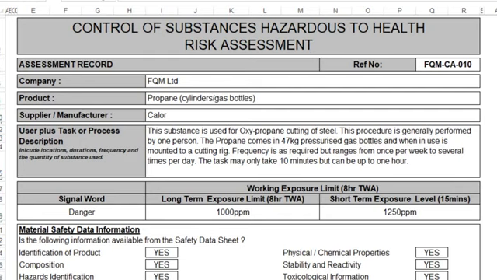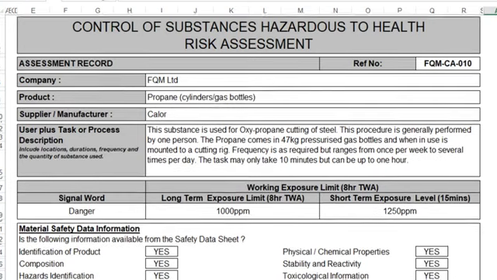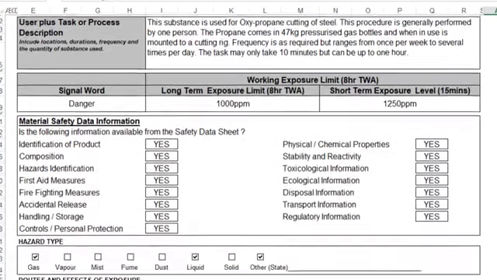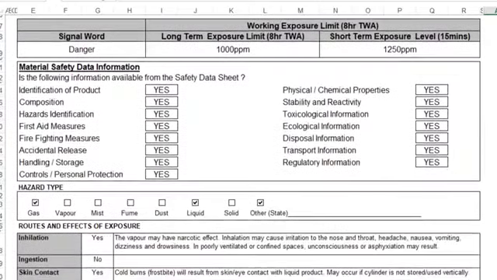We have also identified here some information associated to the signal word that came from the safety data sheet and information associated to the working exposure limits. Likewise, we have also looked at the safety data sheet and identified certain information that's appropriate to us in whether we need to understand handling and storage, controls and personal protection, etc.